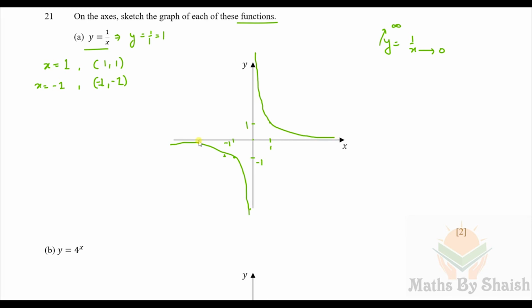So that's the curve of y equals 1 over x. So we require 2 points. The nature of the curve we can see from here, y equals 1 upon x, and we can cross multiply, we'll get x equals 1 upon y. Means as x will tend to infinity, y tends to 0, and as y tends to 0, x is going to be infinity. So let's talk about the b part.